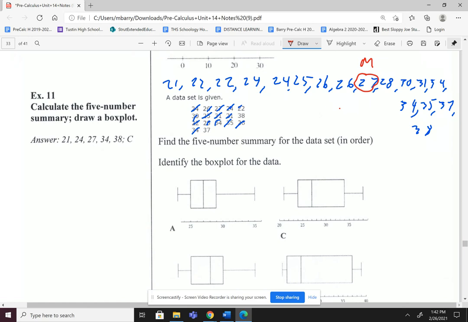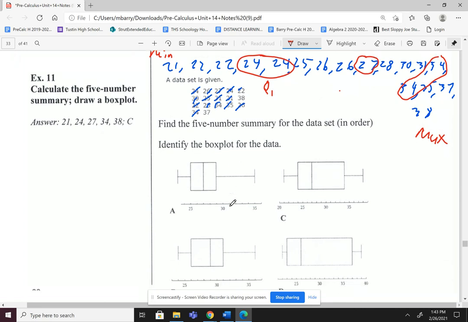So now I got my fingers on 21 and 26, 22 and 26, 22 and 25, 24 and 24. So our Q1 is going to be 24, since the average of 24 and 24 is 24. And then the second half, I got my fingers on 28 and 38, 30 and 37, 31 and 35, 34 and 34. So their average is, again, 34. And then we have our min is 21, obviously, and our max is 38, okay?